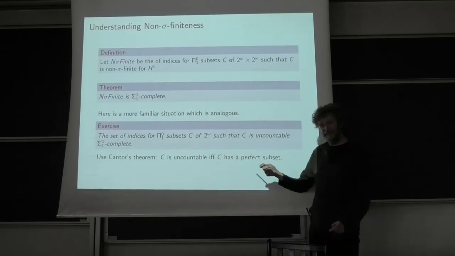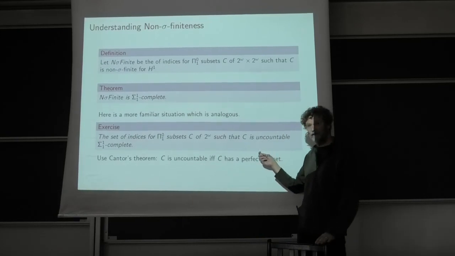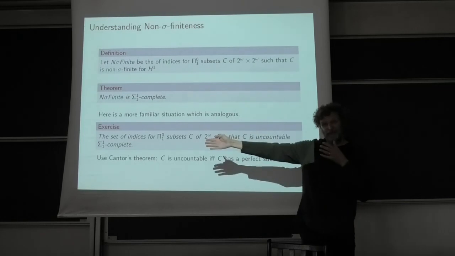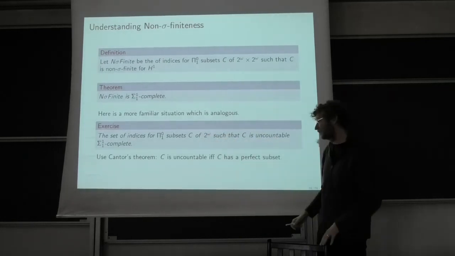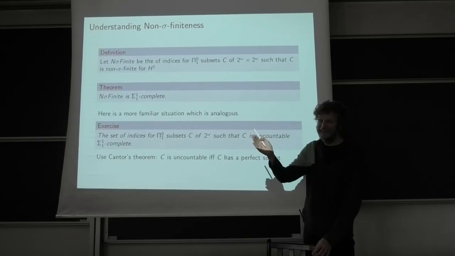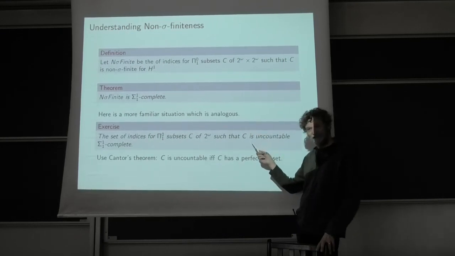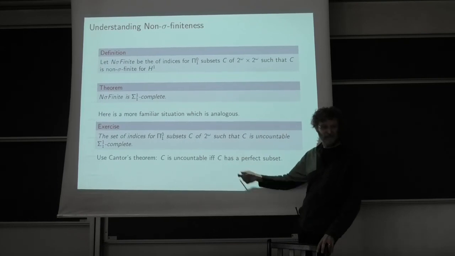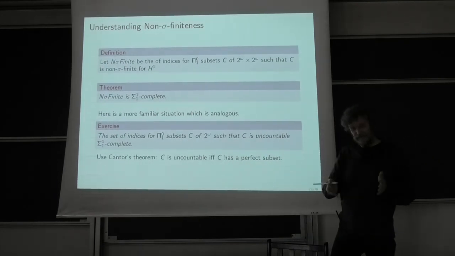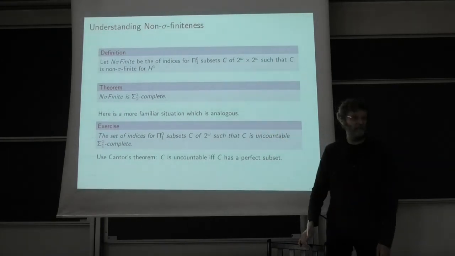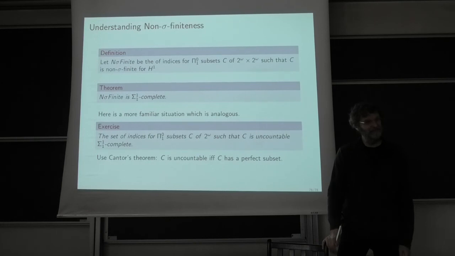It's sigma 1, 1 because being uncountable looks like: for every map from the natural numbers into the set, there is a point that's not in the map. It's not just one existential quantifier. You can replace 'C is uncountable' with 'C has a perfect subset', so that for the tree whose infinite paths are the elements of C, you can embed the perfect binary tree inside of it.